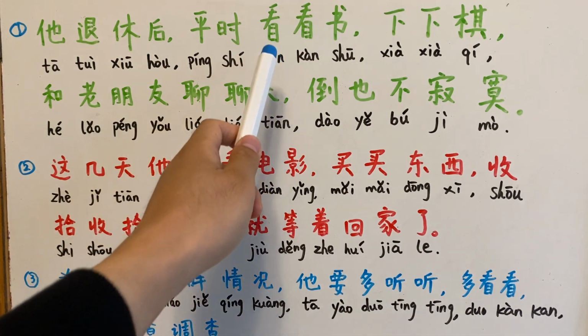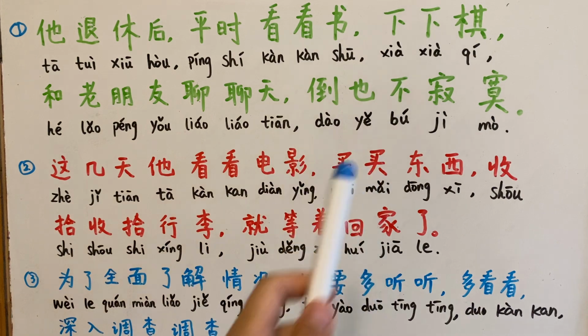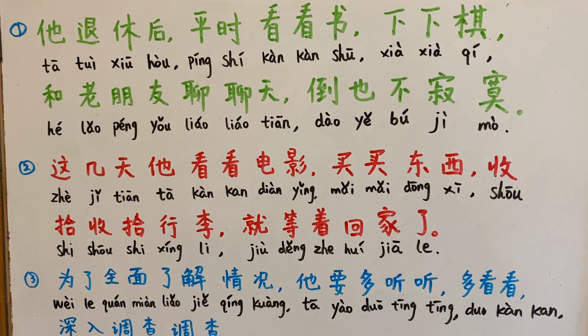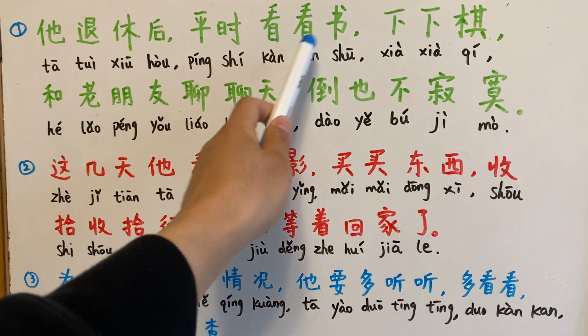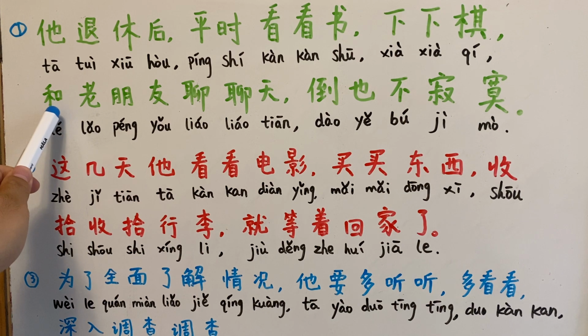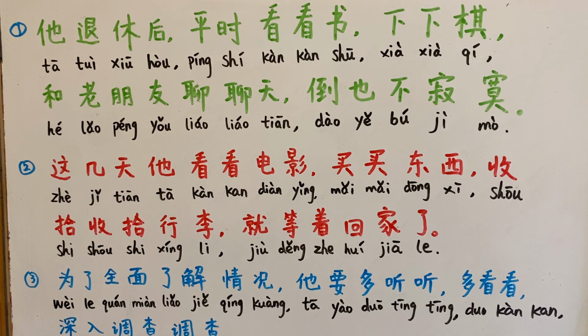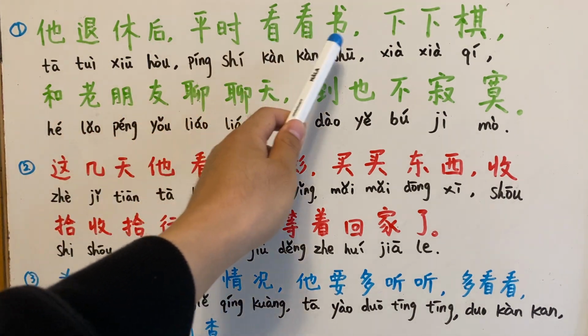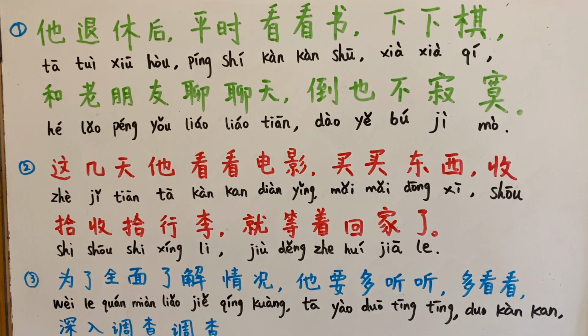You can consider that as the predicate: 看看书下下棋. 和 means and, the word combines two simple sentences, or it has other functions. 他退休后平时看看书下下棋. After his retirement, he likes to, right?